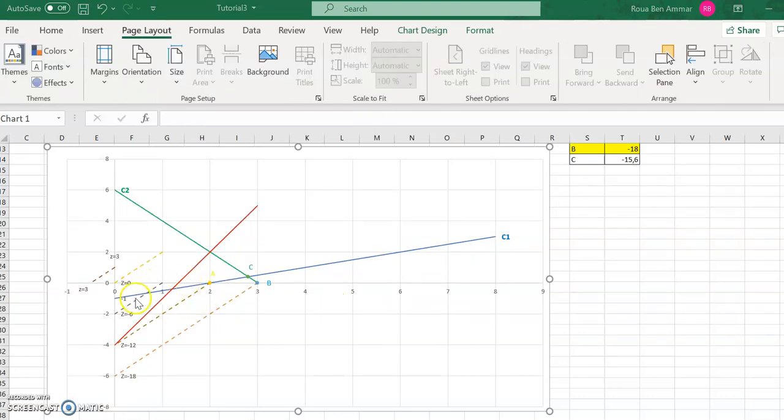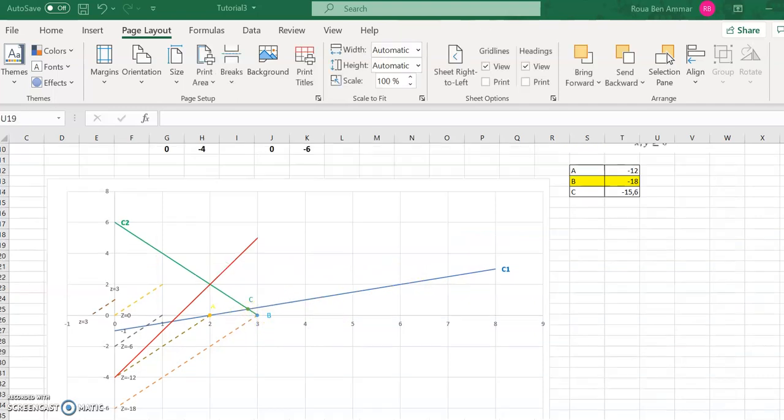I went ahead and drew several other z lines until one of these parallel lines intersected with the very last corner point in our feasible region before leaving the region, and that's how you locate your optimal solution.